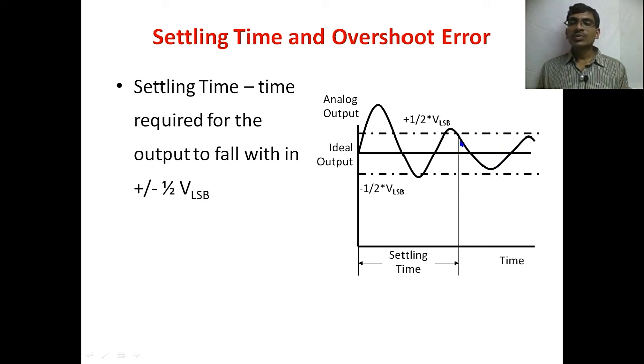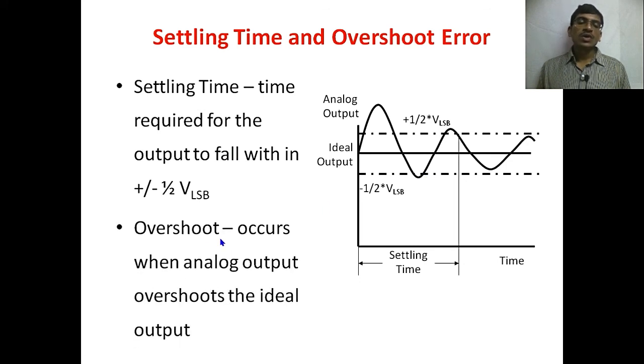When our output is settling into these variations, at this point our output is settling into plus or minus half LSB variation. After that, these swings will decrease and then it will be equal to the ideal output only. But the time required to change the output from 0 to this half LSB variation swing is called the settling time.